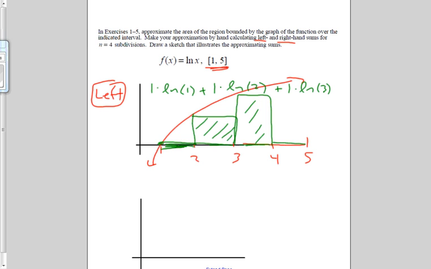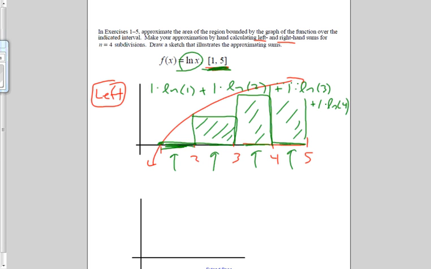And then for my last, from 4 to 5, I'm using my left, so plus 1 times ln of 4. So that's a left hand approximation for the area underneath the graph ln x, for the x values 1 to 5, using 4 intervals.